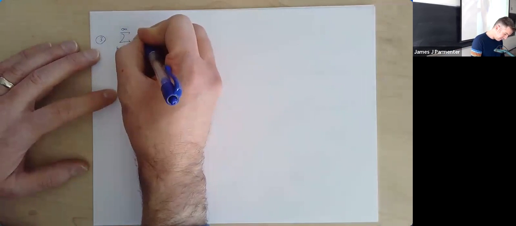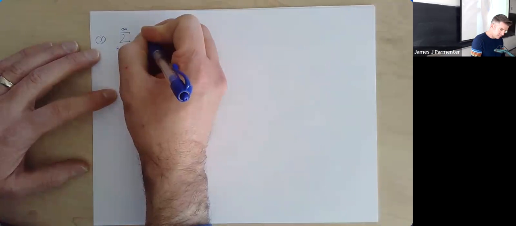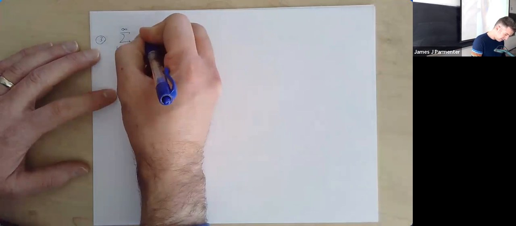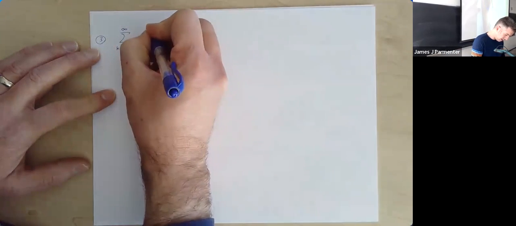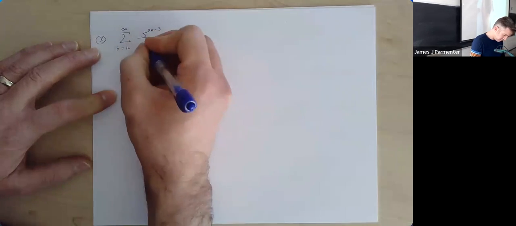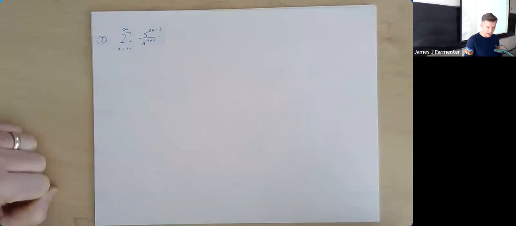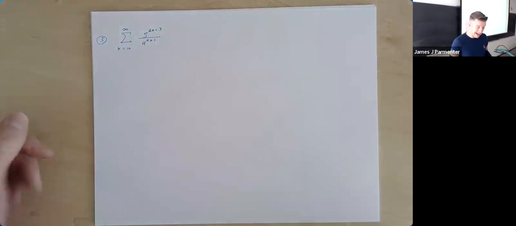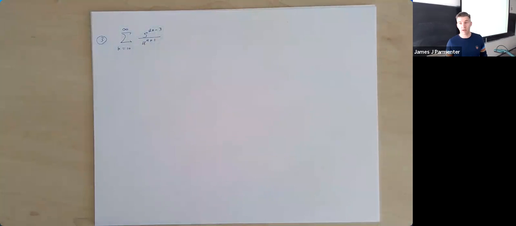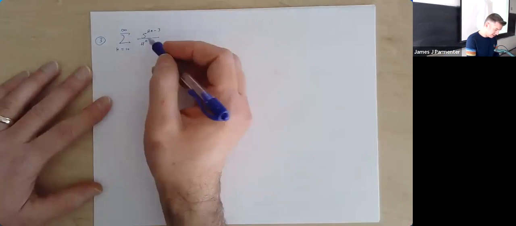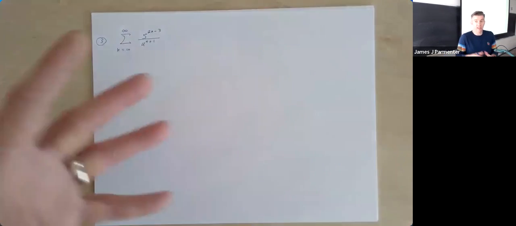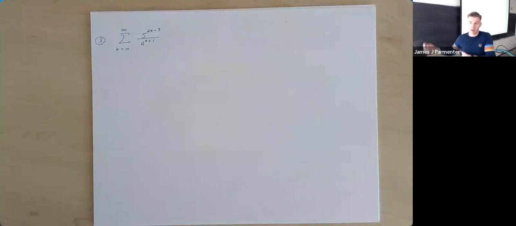Let's say we had 5 to the 2n minus 3 over 4 to the n plus 1. Yeah, that works. So again, just like the last problem, I really want to re-express this as just something raised to the nth power and then multiplied by whatever constants are left over.